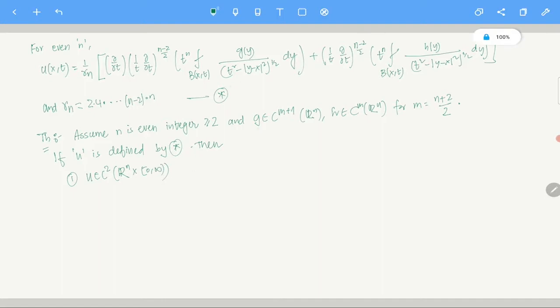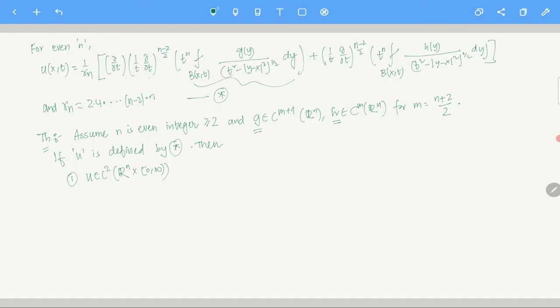If you define g to be in C^(m+1) and h to be in C^m, the u which we are going to get is definitely going to be in C^2. You see why: the formula actually gives that if g is in C^(m+1), then the integral of g, as a function of t, will be C^(m+2).